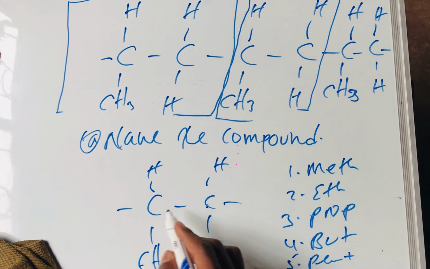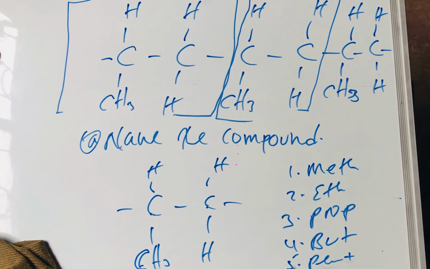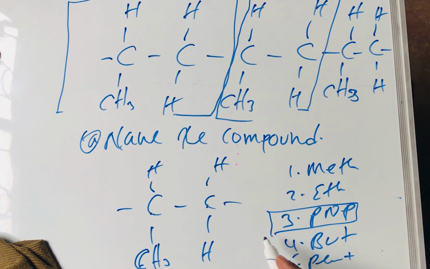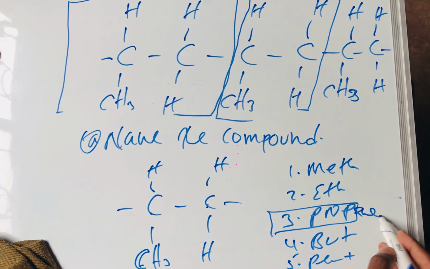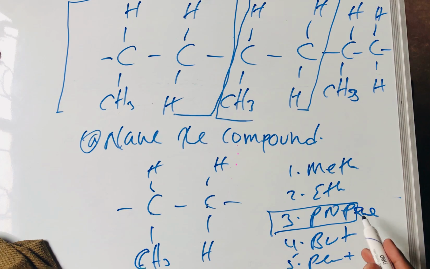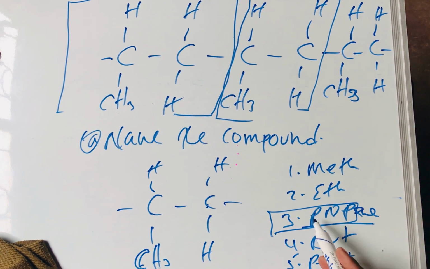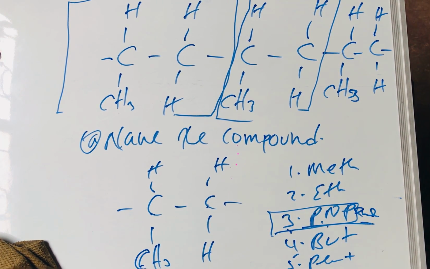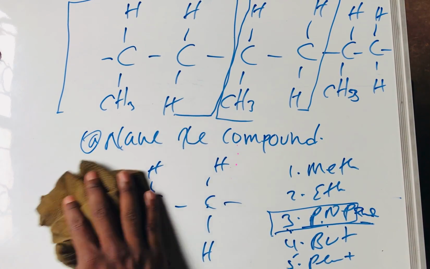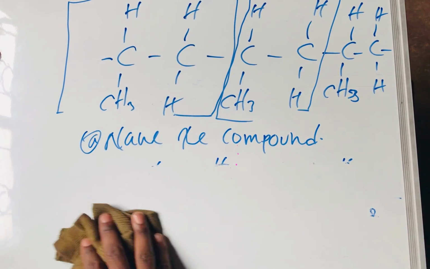Because we've got 3 carbons, it means that the monomer of this compound is propene. Remember, the monomers of these addition polymers are alkenes. So because we've got 3 carbons, the monomer is propene. Because the monomer is propene, what is the name of this compound?